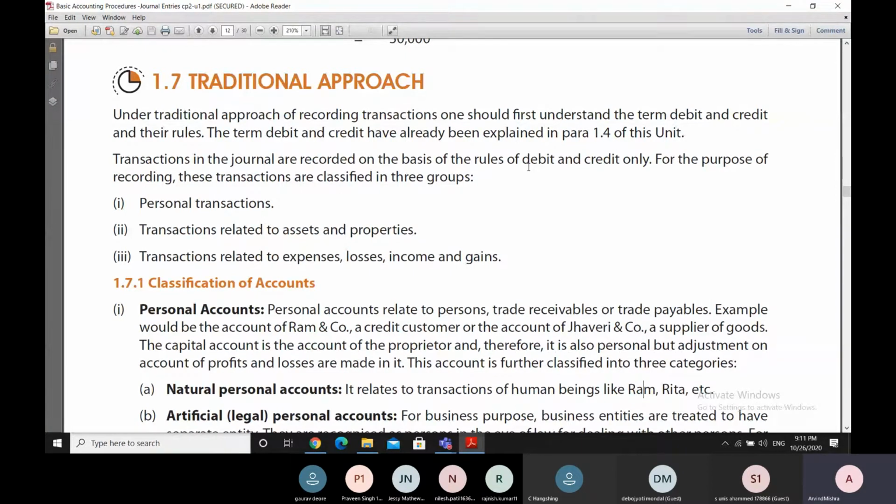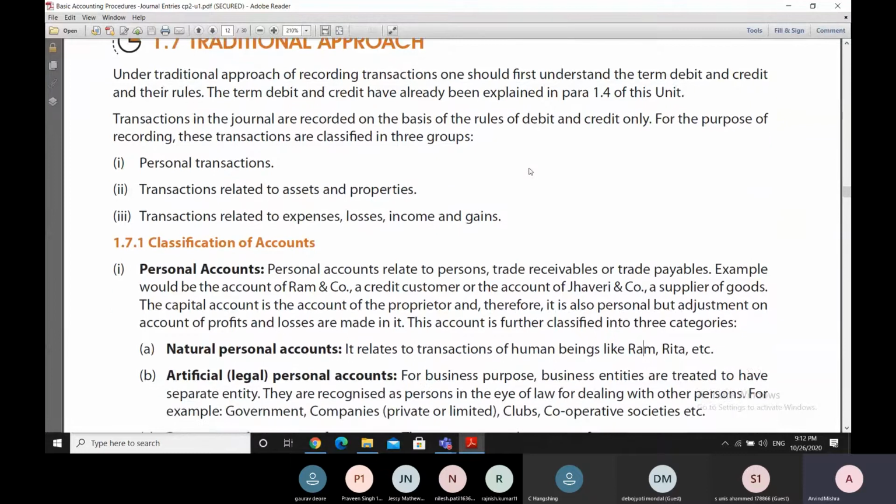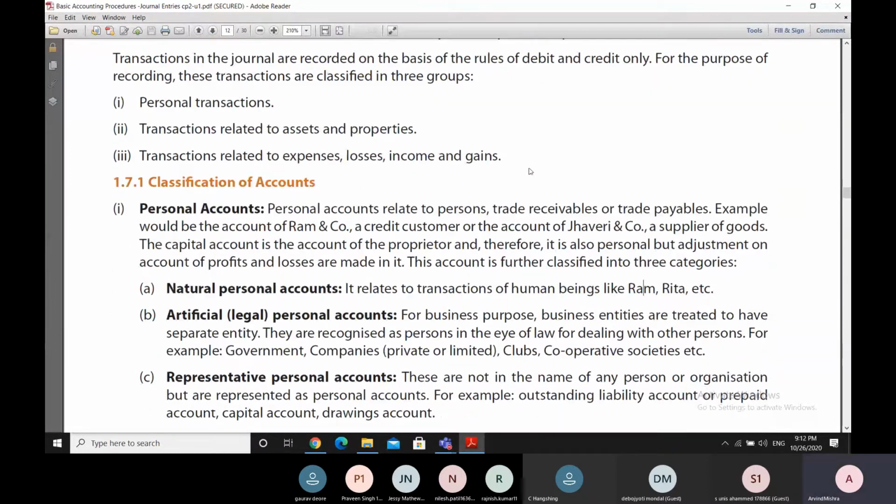Now let us try and understand this classification in more detail. First of all, let's understand what personal accounts are. Personal accounts are those accounts which relate to persons and which relate to trade receivables or trade payables.